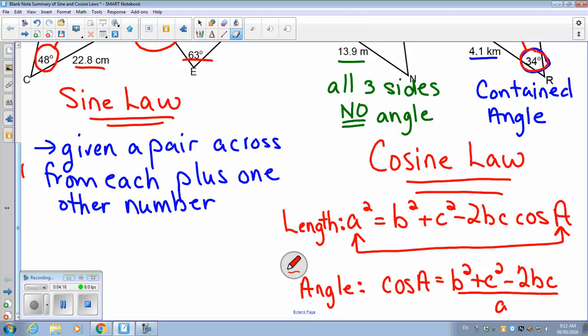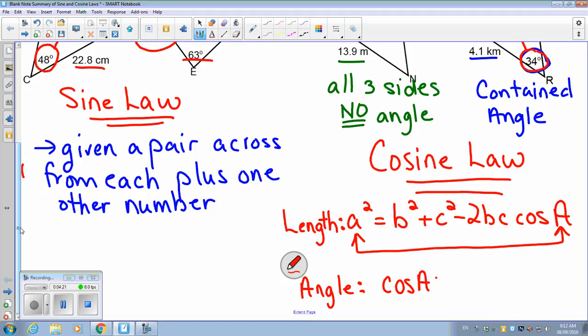Let me fix that formula for you here. Cos A equals b squared plus c squared minus a squared over 2bc. There we go. Better have the right formula.